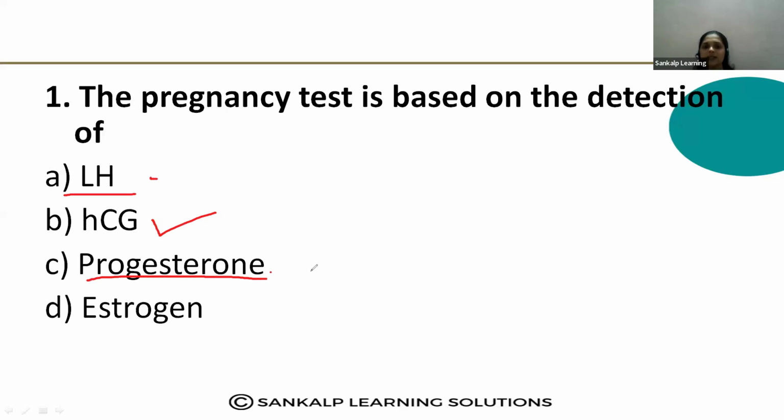Progesterone is not used for the test of the pregnancy, and estrogen is not used for the test for the pregnancy, because this human chorionic gonadotropin may be observed in the urine. ಅದು ಯೂರಿನ್ ನಲ್ಲಿ ಅದನ್ನ ನಾವು ಅಬ್ಸರ್ವ್ ಮಾಡಬಹುದು. ಓಕೆ, ಸೊ ದಿಸ್ ಹಾರ್ಮೋನ್ ಈಸ್ ಯೂಸ್ಡ್ ಫಾರ್ ದಿ ಪ್ರೆಗ್ನೆನ್ಸಿ ಟೆಸ್ಟ್. ಉಳಿದಿರೋದನ್ನ ಯಾಕೆ ಯೂಸ್ ಮಾಡೋದಿಲ್ಲ ಅನ್ನೋದನ್ನ ತಿಳಿದುಕೊಂಡಿರಿ.